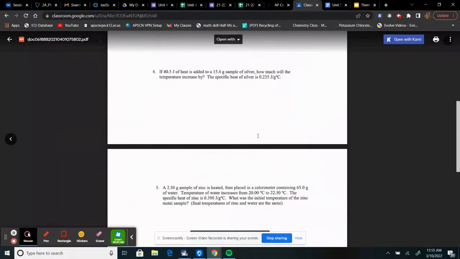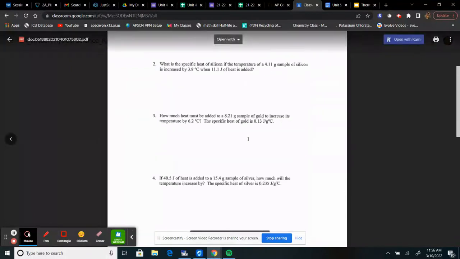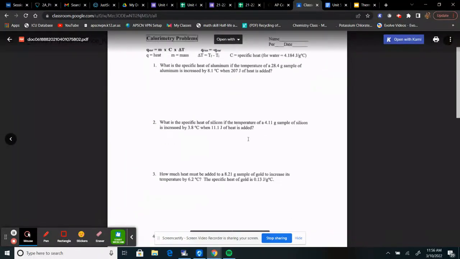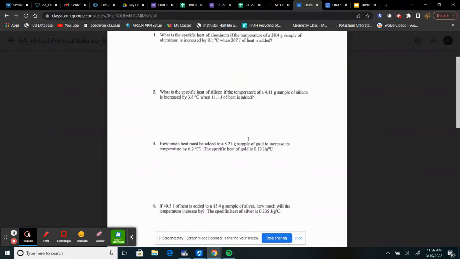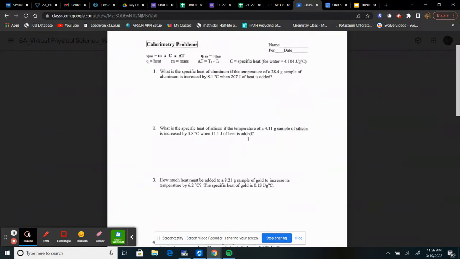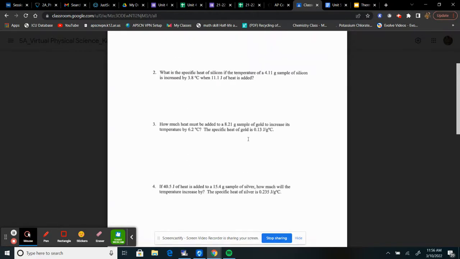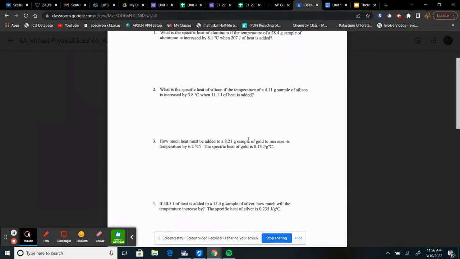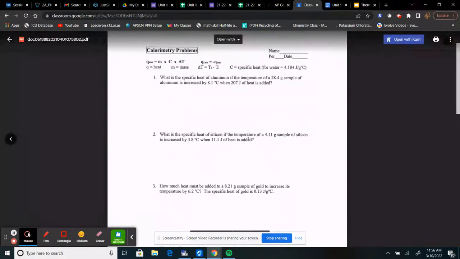I see that I included the second page, you should only really work on the first 4 problems. And actually, by the time class starts, I might have updated it. But again, for this worksheet, you should only do the first 4 problems. 5 through 7 on the back is a no-go. Don't do that.